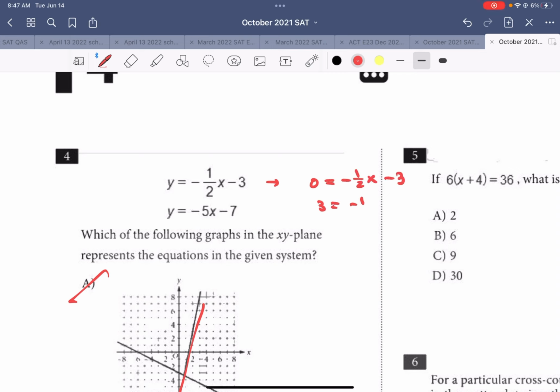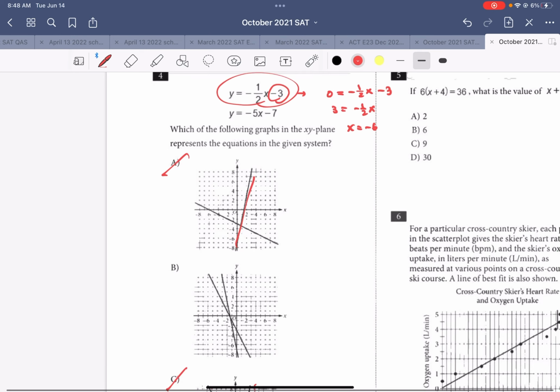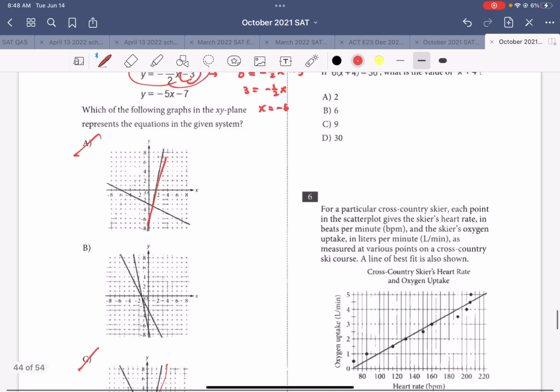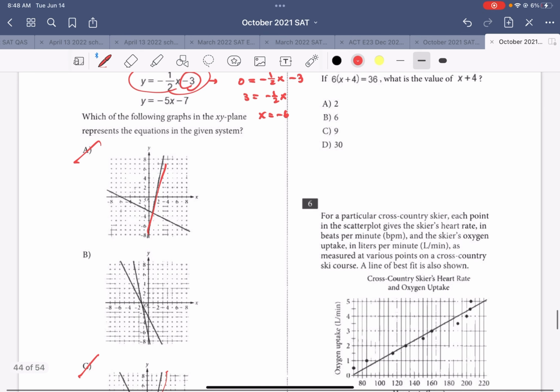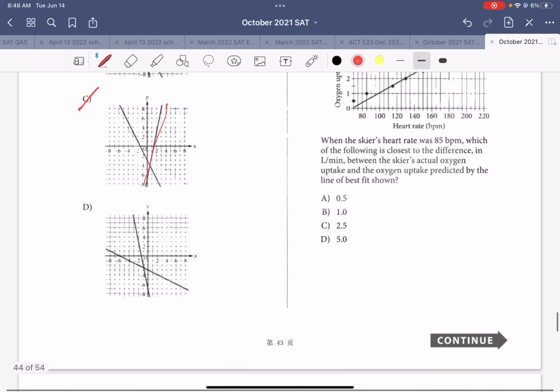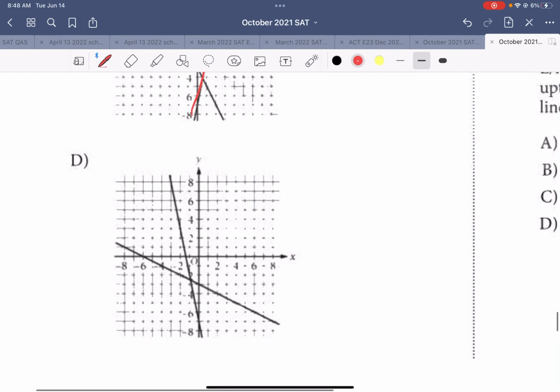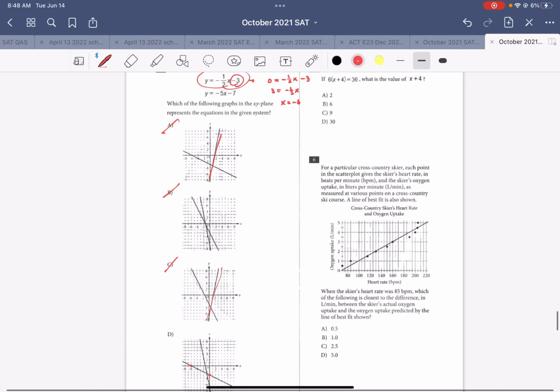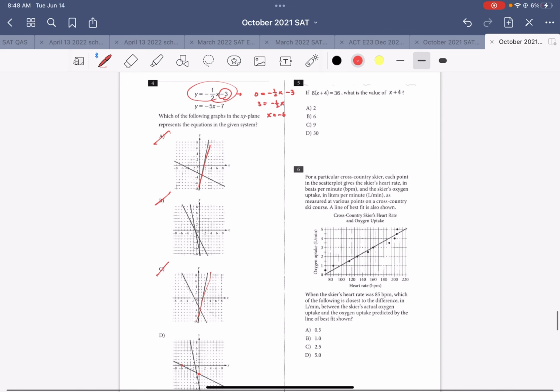So for this graph, the y-intercept is negative 3 and the x-intercept is negative 6. So you know that this one is wrong. And you see that x-intercept is negative 6, y is negative 3. So that's the only graph you can see here. Okay, so I found the x-intercept, and this is the y-intercept. So then only D matches.